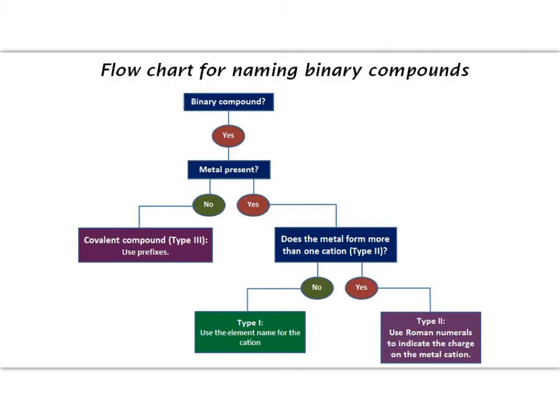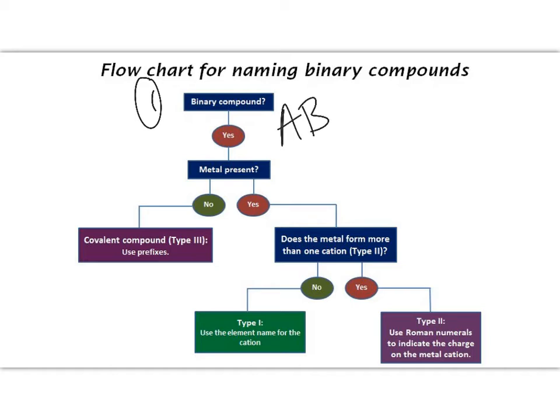watching the whole video. We're going to start by looking at kind of a flow chart of how to go about this process, because you need to ask yourself a series of questions before you can actually write your name or formula, based on deciding what type of compound you're dealing with. So when we're looking at this flow chart here, the first question we're asking ourselves is, is it a binary compound?